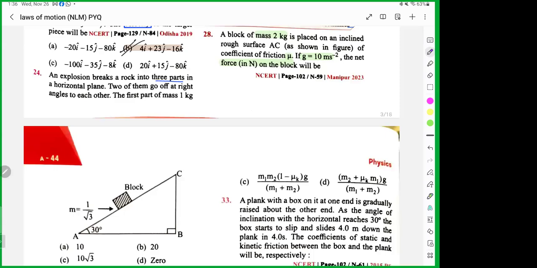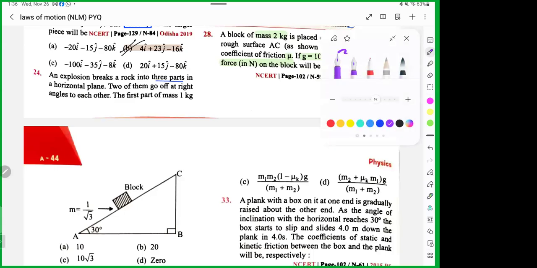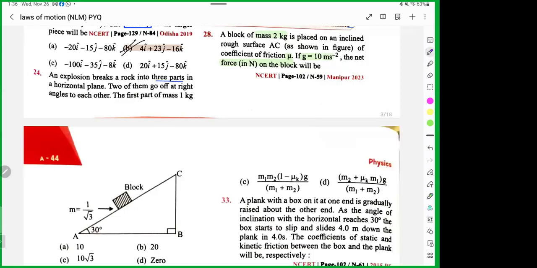And as the values are the same and they gave the value of mu, when we substitute, we'll get 0. What is the mu value?